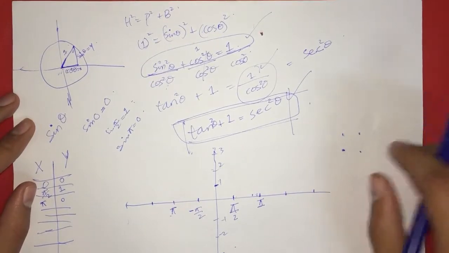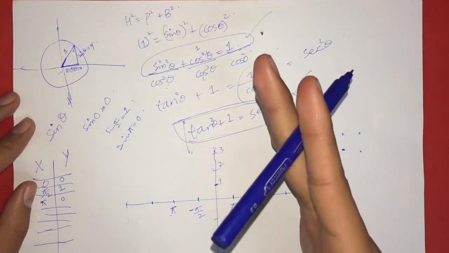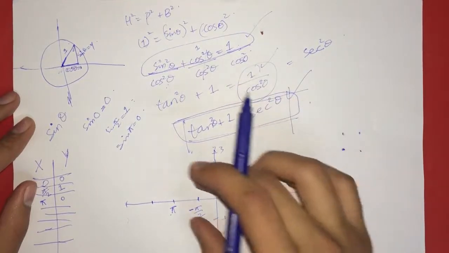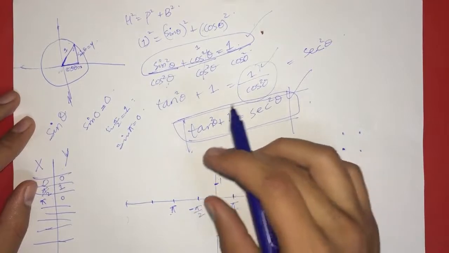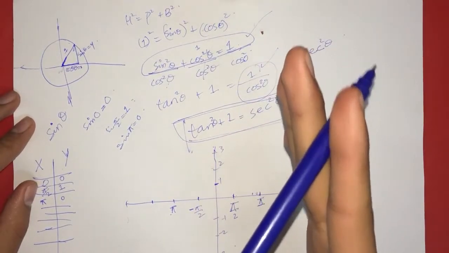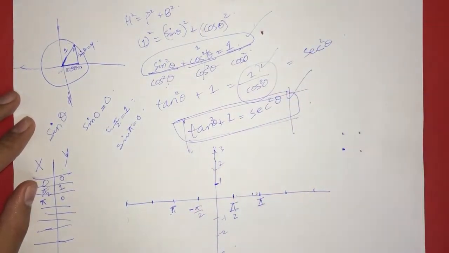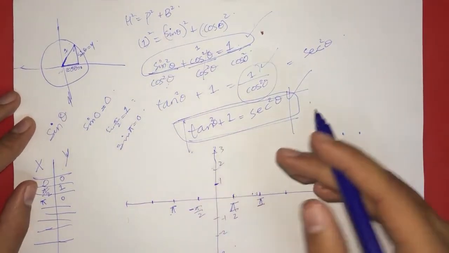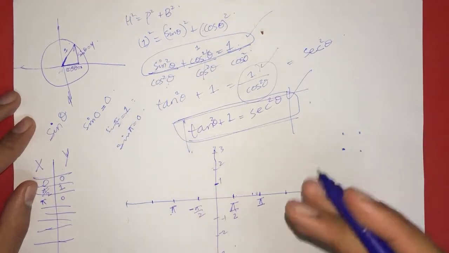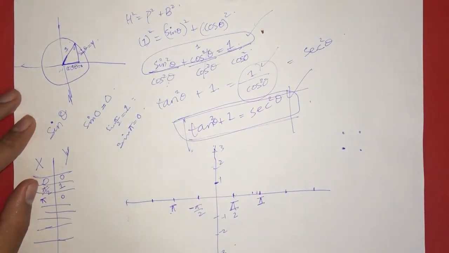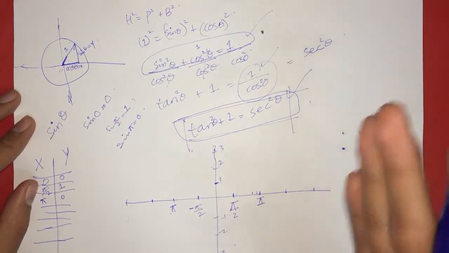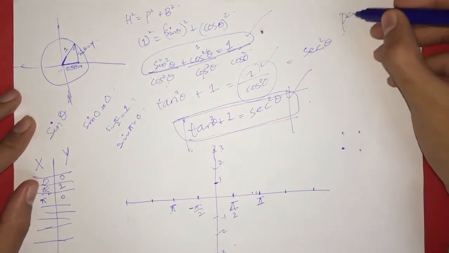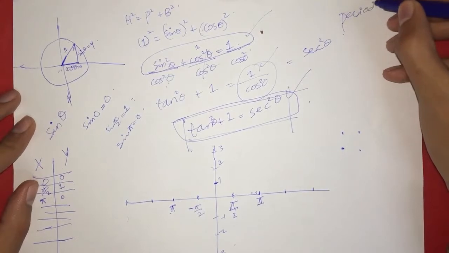Periodic functions are functions whose graph repeats as it goes along the positive x-axis and through the negative x-axis. Functions which repeat after some interval are called periodic functions.